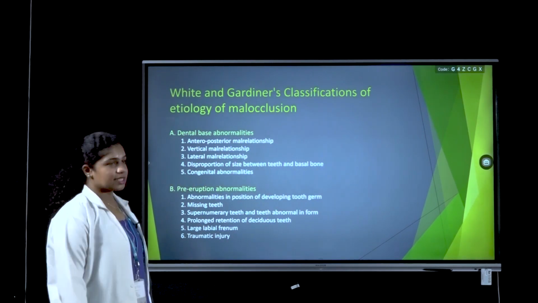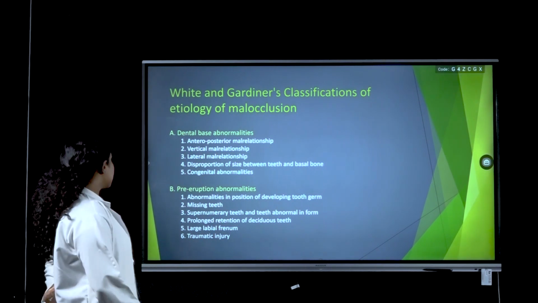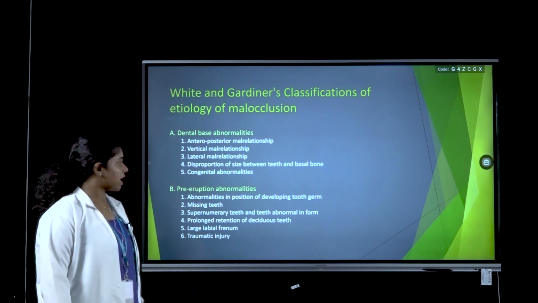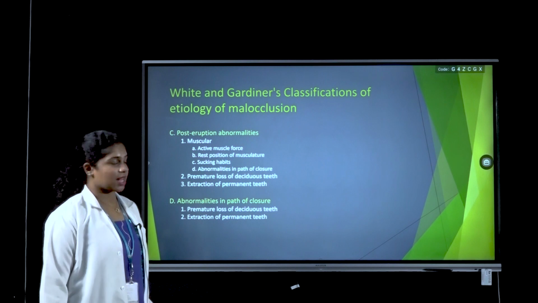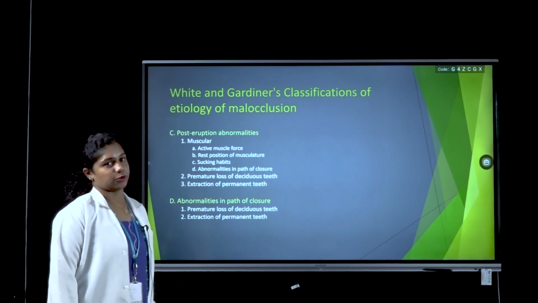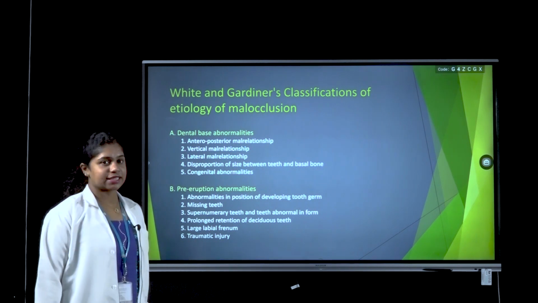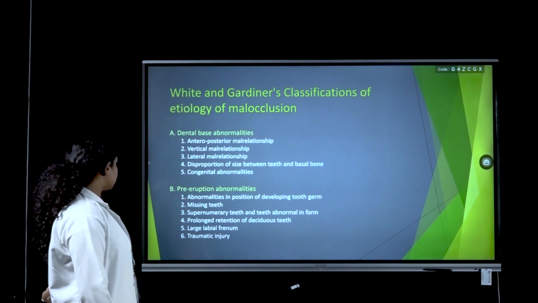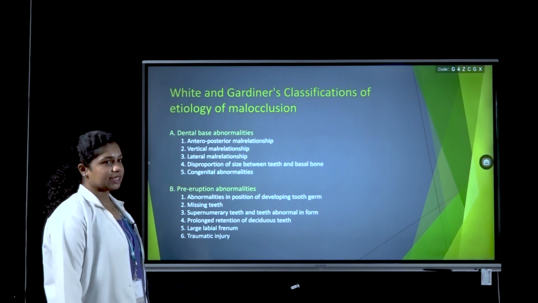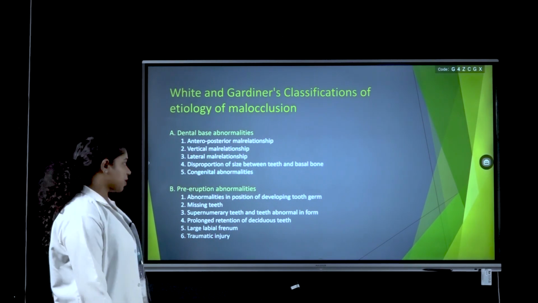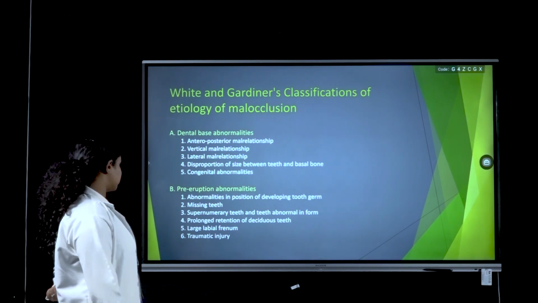White and Gardner's classification of etiology includes 4 categories: dental base abnormalities, pre-eruption abnormalities, post-eruption abnormalities, and abnormalities in the path of closure. Pre-eruption abnormalities include abnormalities in the position of developing tooth germ, missing teeth, any supernumerary teeth, prolonged retention of deciduous teeth, large labial frenum, and traumatic injury.